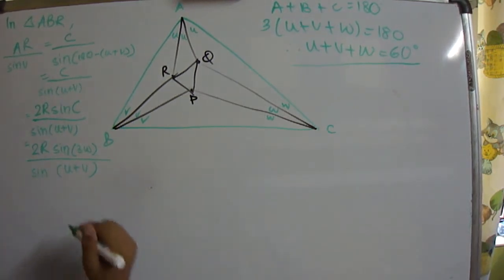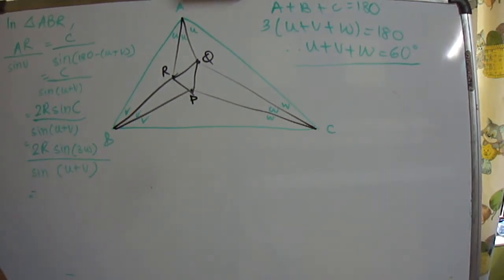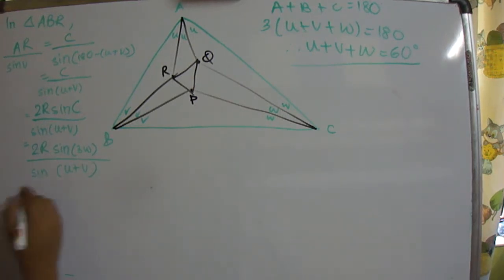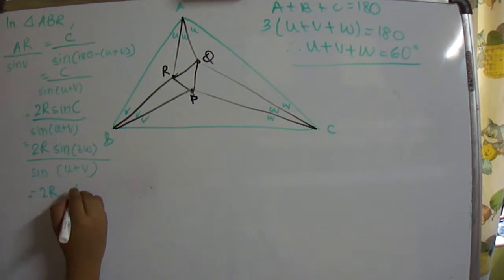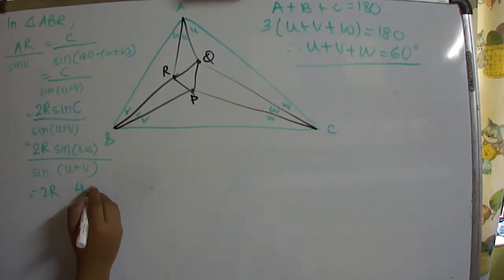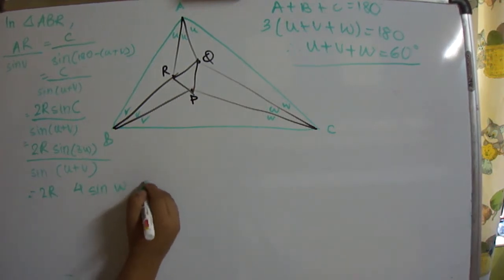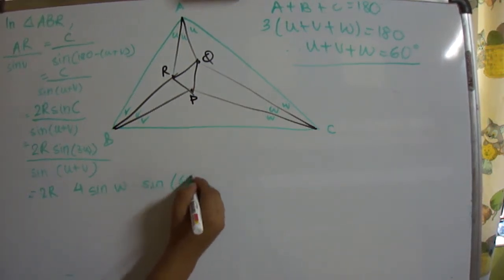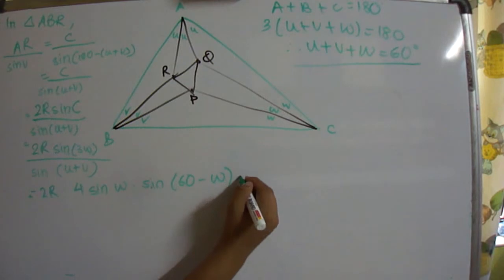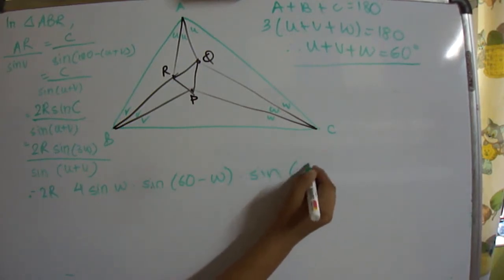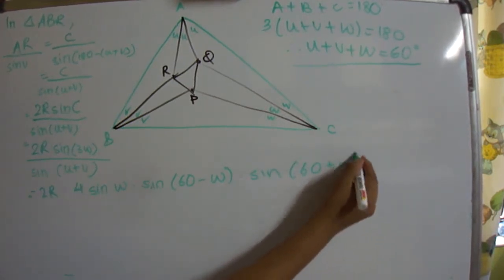What do we know about sine 3 theta? We know that sine 3 theta is equal to 4 into sine theta sine 60 minus theta into sine 60 plus theta. We have proved this before.